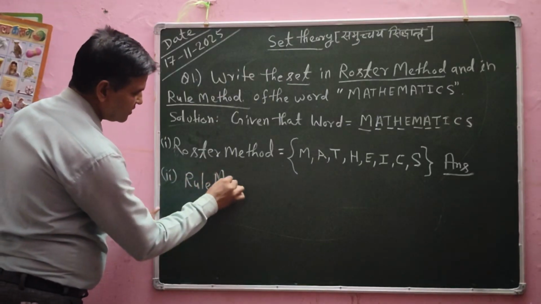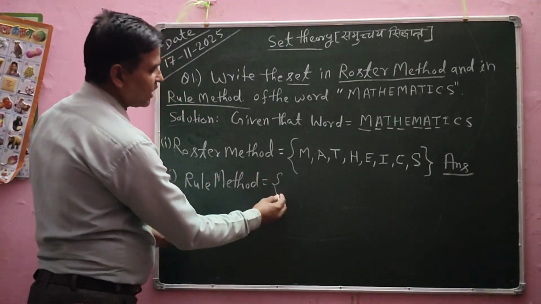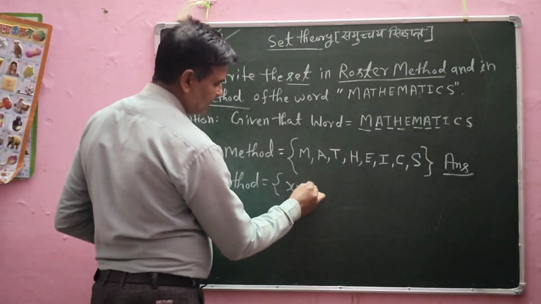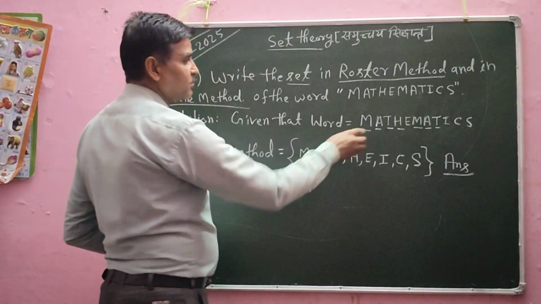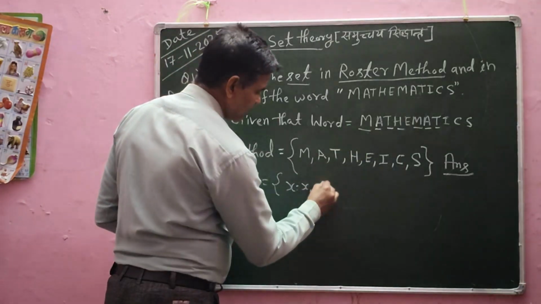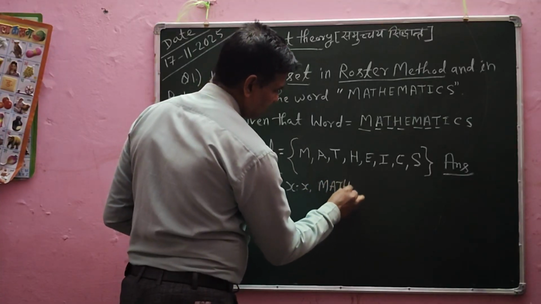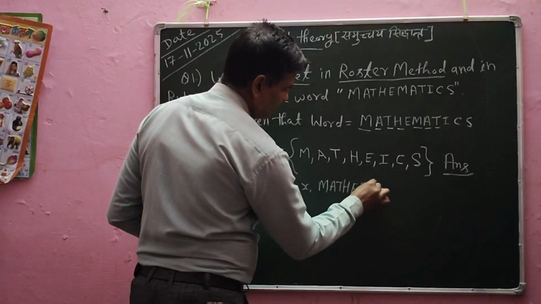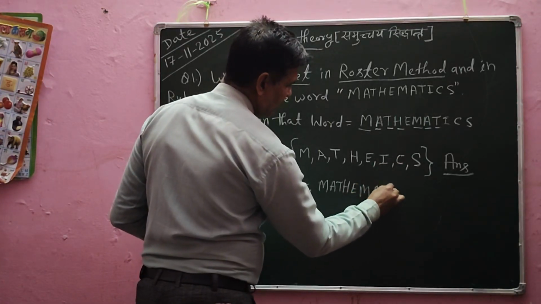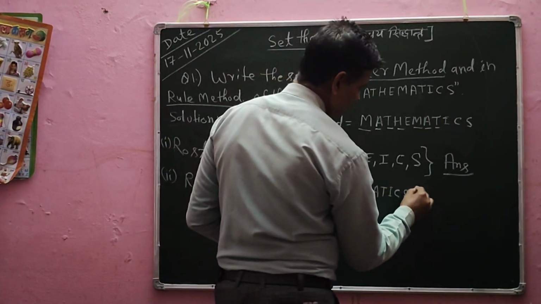In rule method I have to write it as: now I will say rule will be as x such that x is a word, mathematics is a word, so here I will write mathematics is a word.